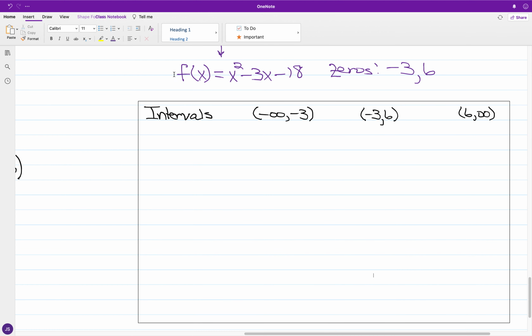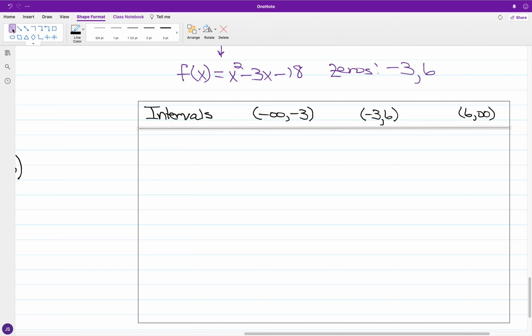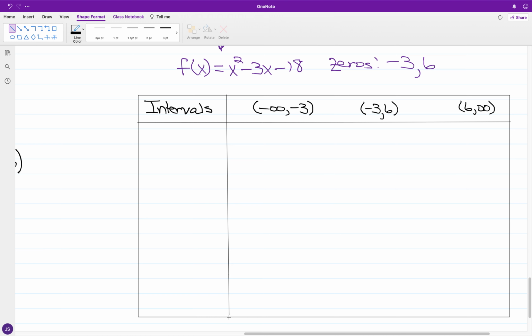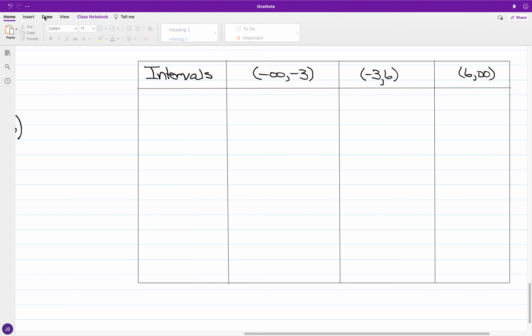And again, setting up a table. Okay, so you have the intervals as the column headings. So we have the process.